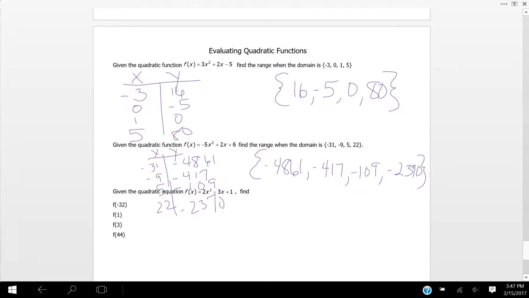So last one. I'm going to put that equation in. I'm going to do it in my calculator again because I have 4 different values of x. Although I did notice that I could almost work these out easier than I could put them in my calculator.